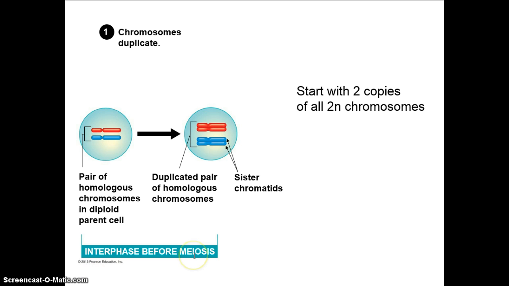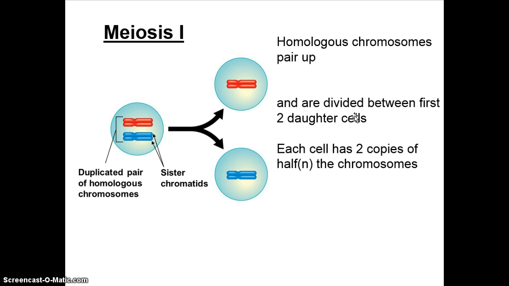So to go into a little bit more detail, this is interphase. Before meiosis, just like interphase before mitosis, this cell has two chromosomes. So we've made things very, very simple. Those two chromosomes go through replication, so you end up with two chromosomes that have been replicated, so you have sister chromatids. So you start out with two copies of all of your 2N chromosomes.